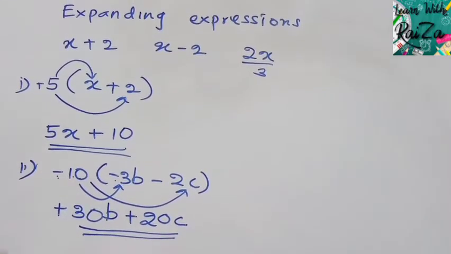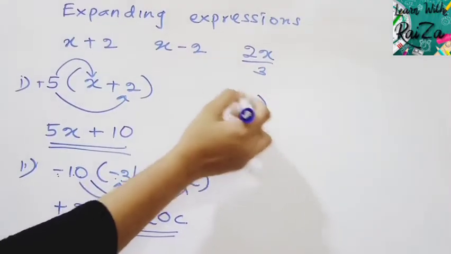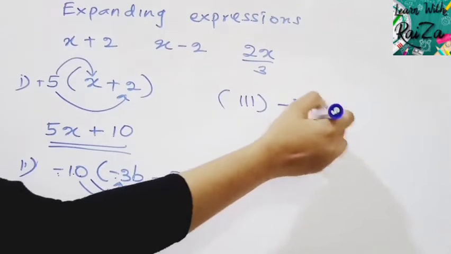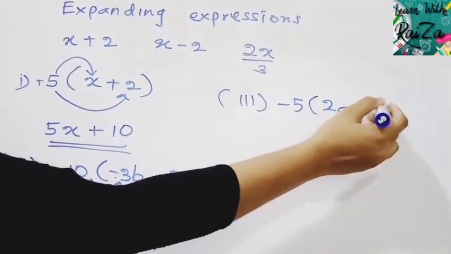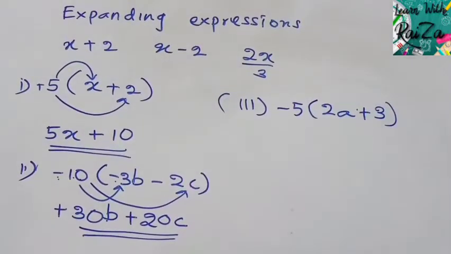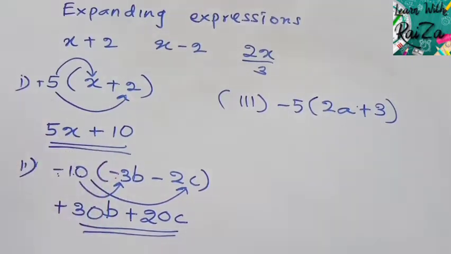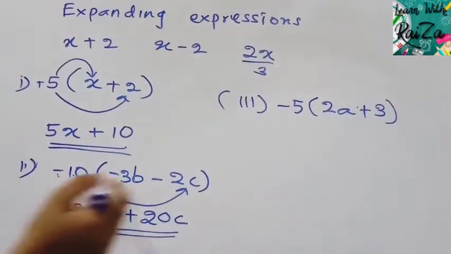Let's take another example, another negative value: minus 5 into 2a plus 3. Here the terms inside the bracket are positive and the term outside the bracket is negative. So we have to multiply each term inside the bracket by the term outside the bracket.